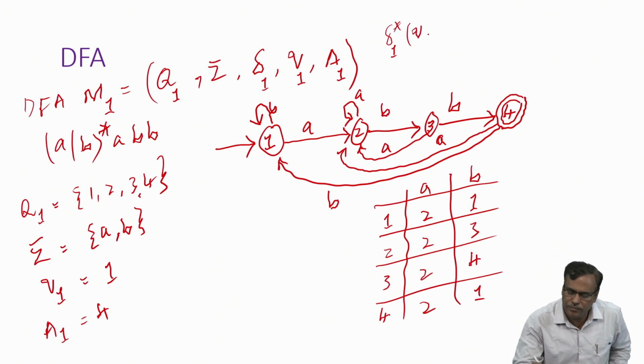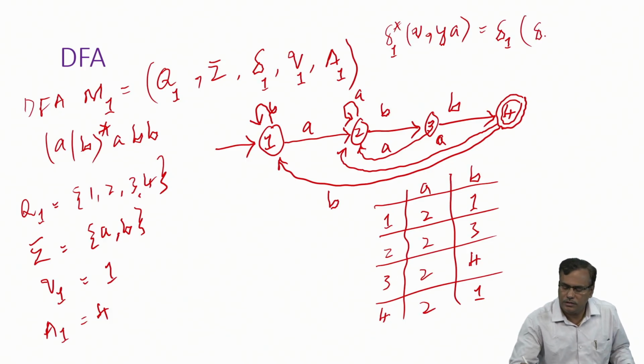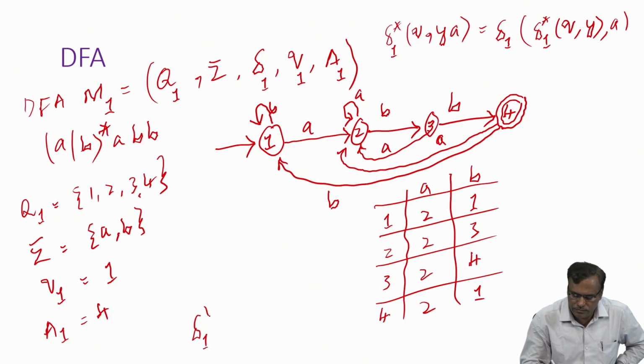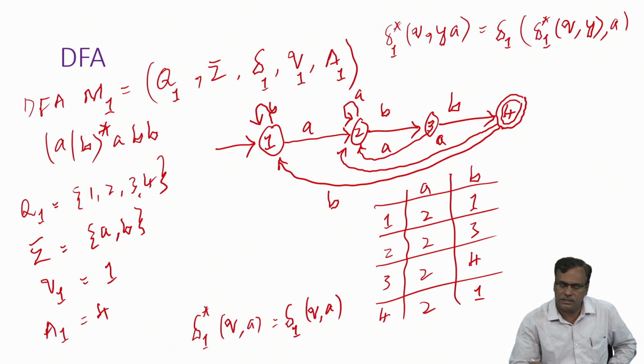Delta 1 star of Q, Y, A is equal to delta 1 of delta 1 star of Q, Y, A. One thing you remember, for a single input symbol, delta 1 star of Q, single input symbol say A, is equal to delta 1 of Q, A. Don't get confused about this delta 1 star and just delta.